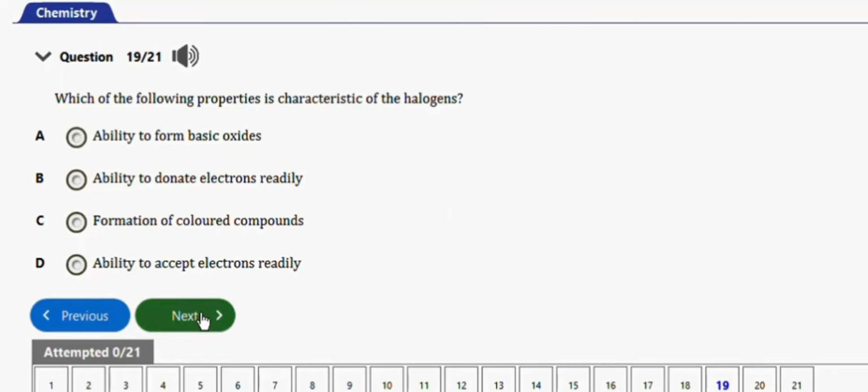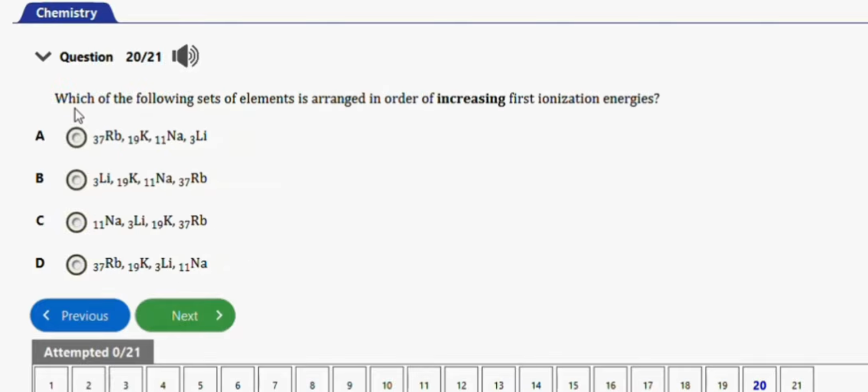The next repeated question will be this one. It says which of the following sets of elements is arranged in order of increasing first ionization energy? So ionization energy increases across the period and decreases down the group. So the correct order will be, let's check, option A. The atomic number here is the highest, 37.